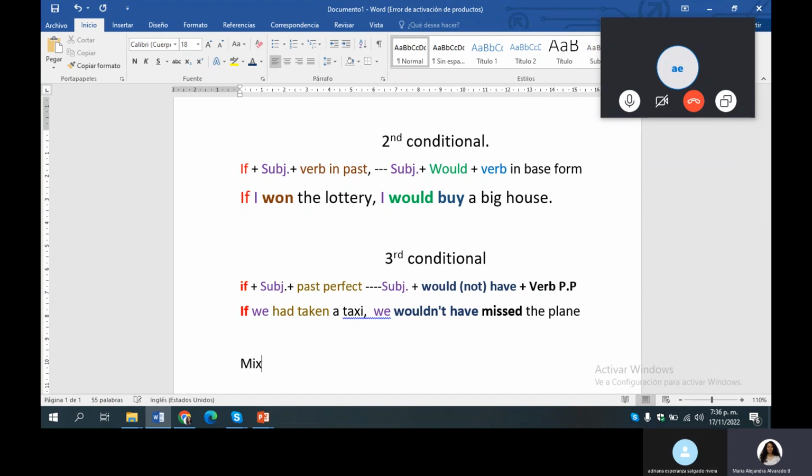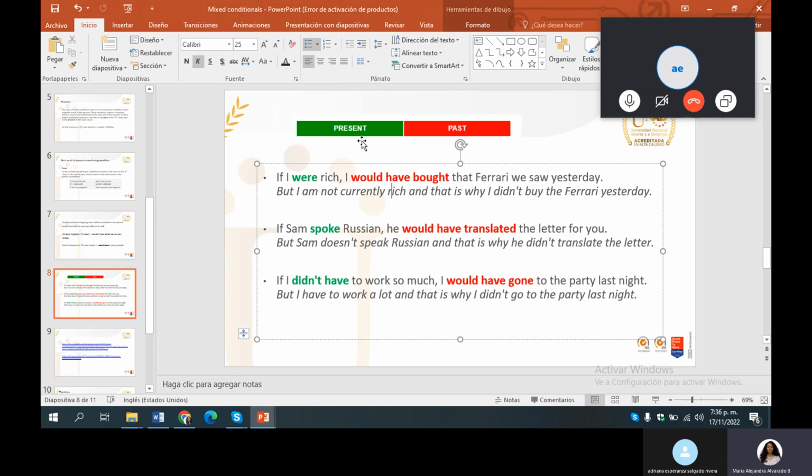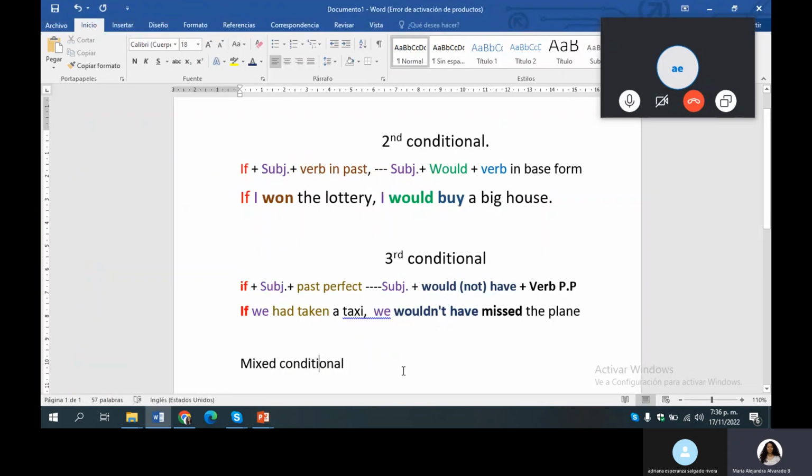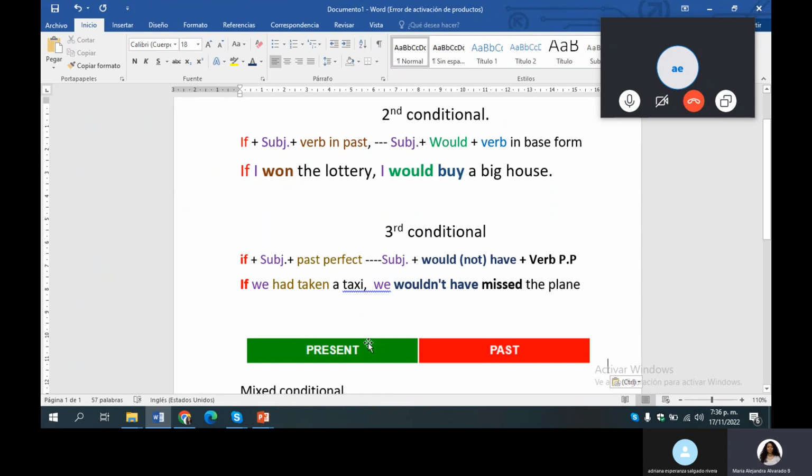So now it means mixed conditional. Here we have, they said we use present and past. This is a combination, all right? A combination between what? Present, the second conditional, and the third conditional.